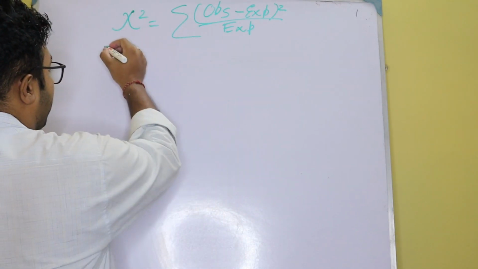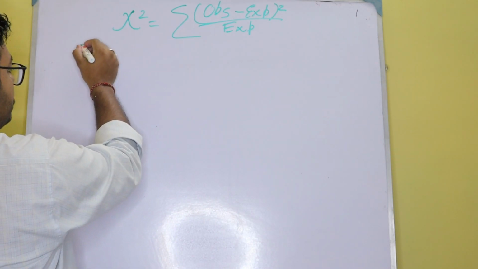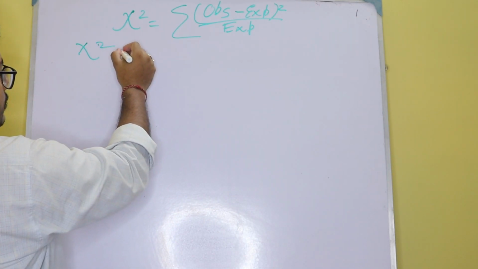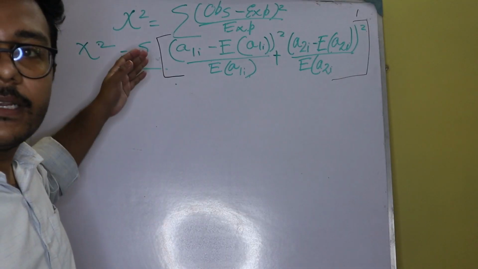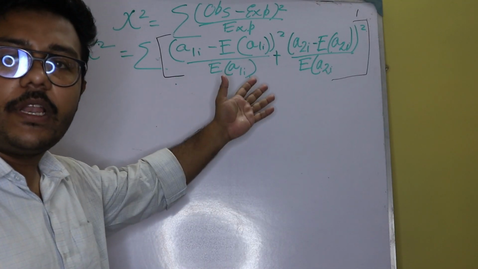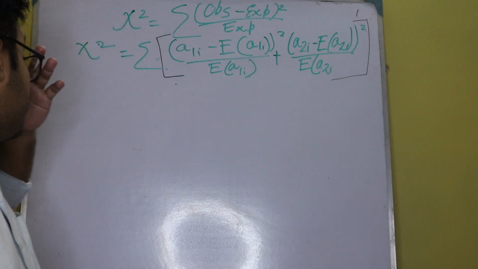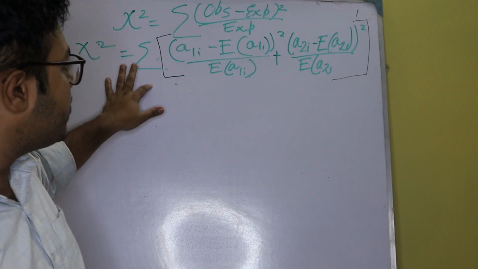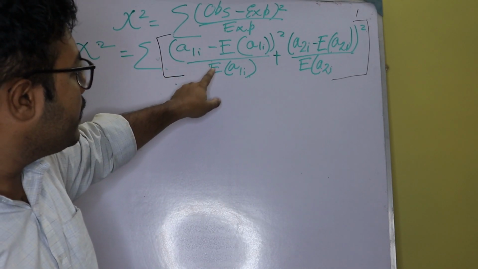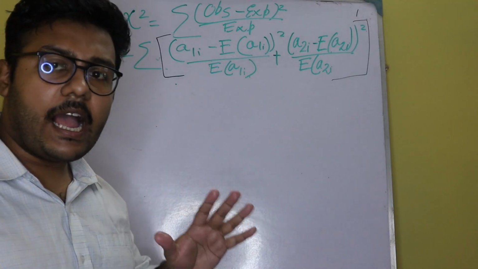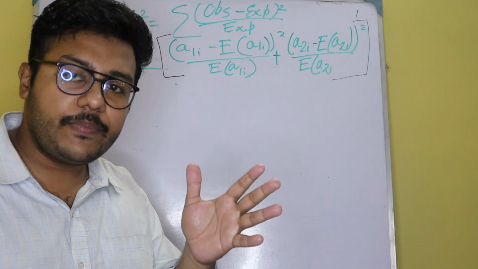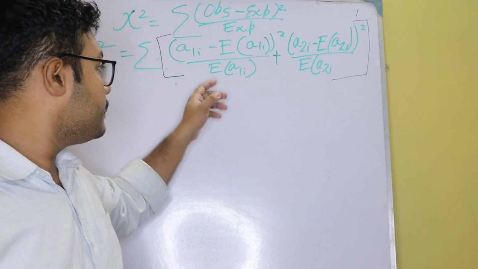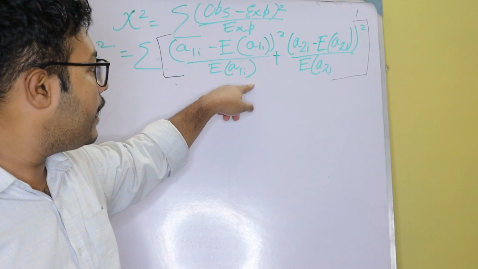See, here chi-square is... Now see here, I have written the formula of the chi-square here. It is summation of a1i minus E of a1i, and i represents the column number.